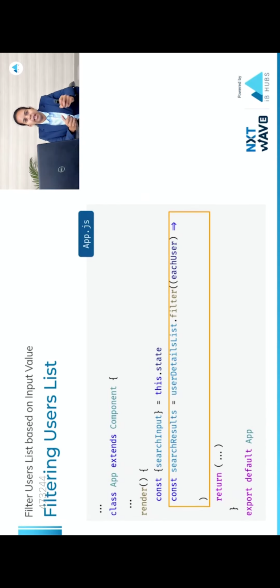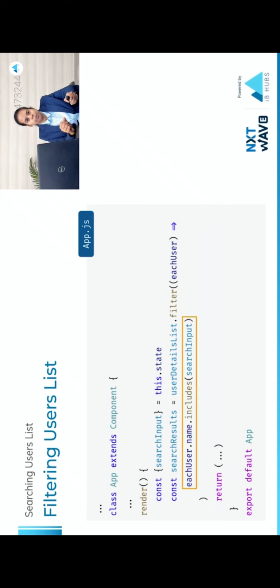Firstly, we have to filter the user details list based on the search input. For that, we'll make use of the filter method. So userDetailsList.filter. To this, we are going to pass a callback function. To the callback function, each user in the list will be passed as an argument. Now, coming to what we have to write in this. In the name, we have to check whether the search input is present or not.